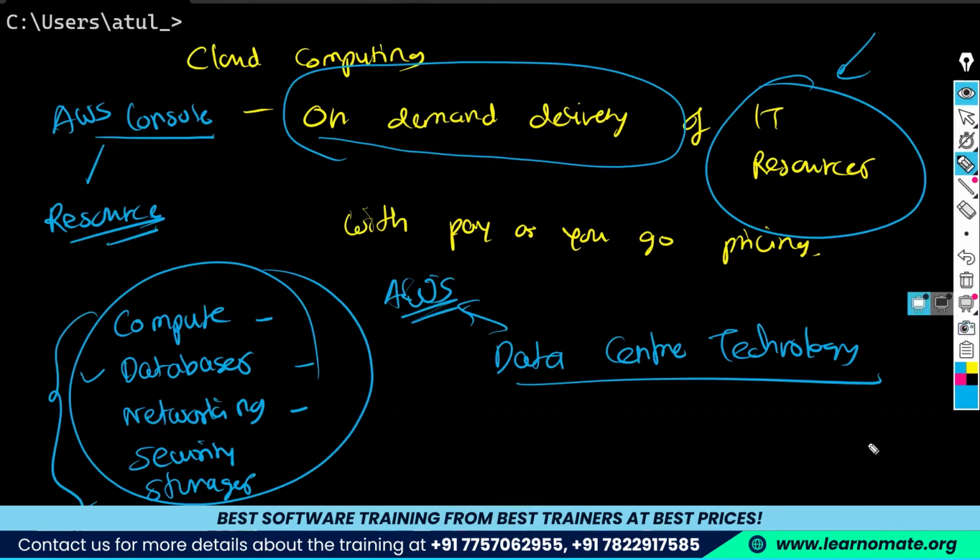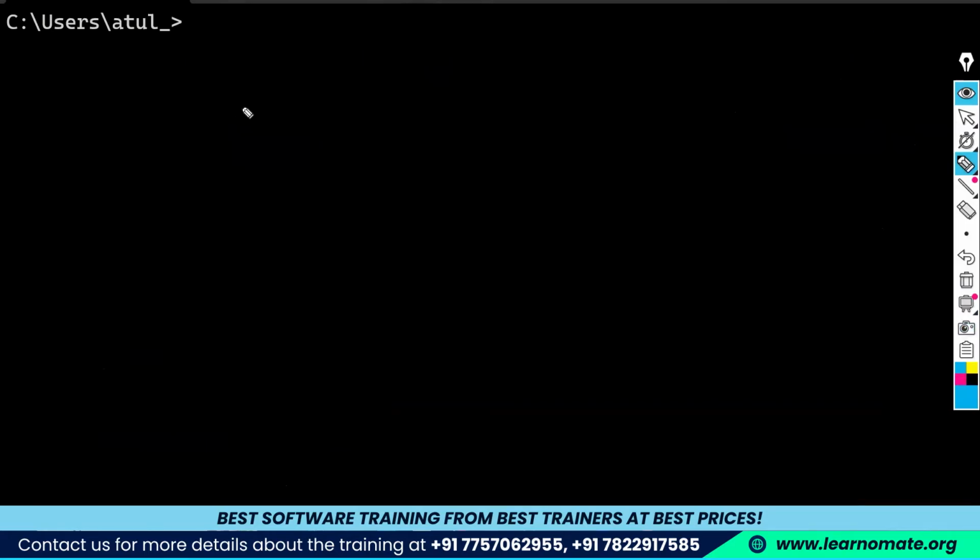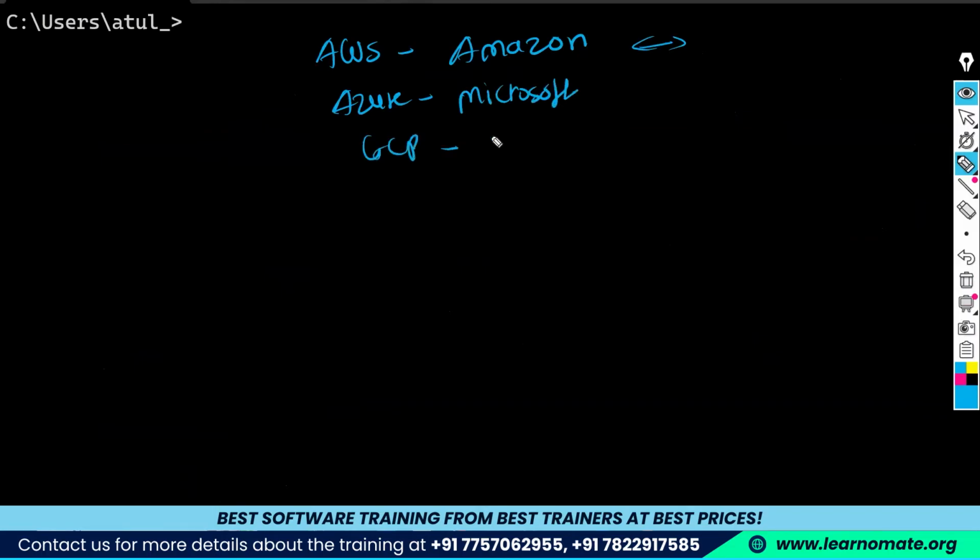So in the previous session, we learned about the various public cloud service providers that we have. AWS, that is from Amazon. This is a public cloud service provider. We have Azure, which is from Microsoft. And we have GCP, which is from Google. Now, if you have an AWS account, you can use Amazon Web Services.